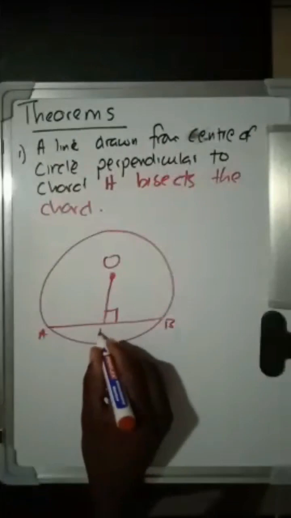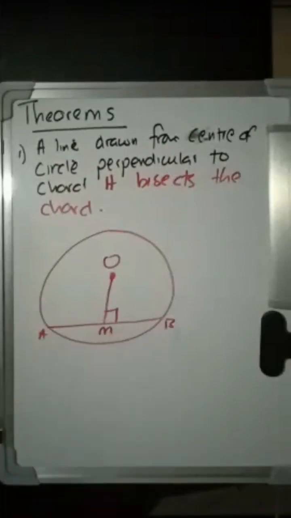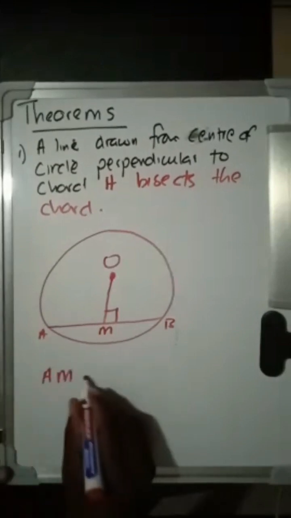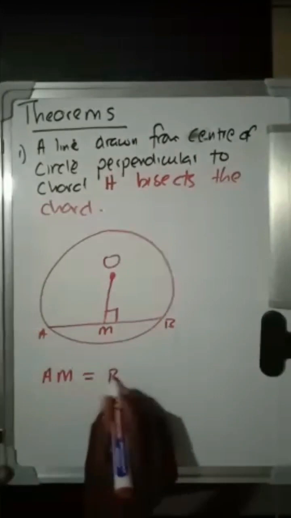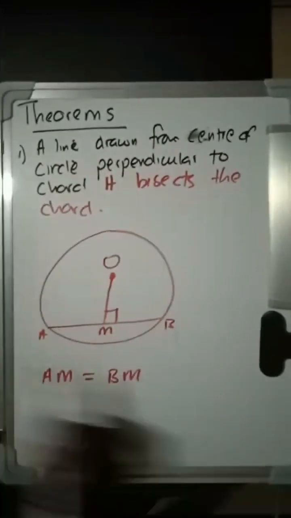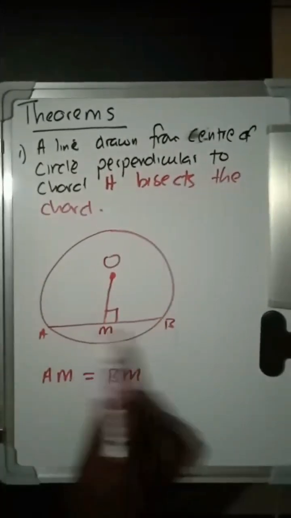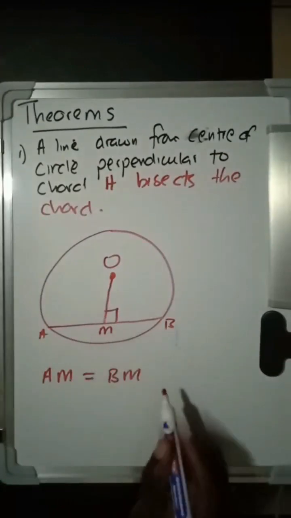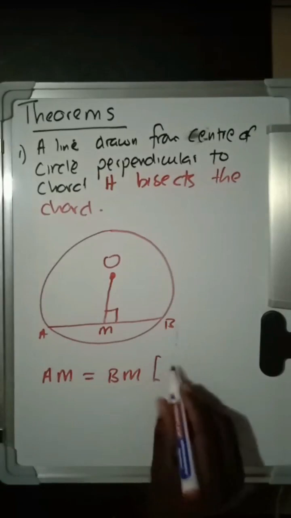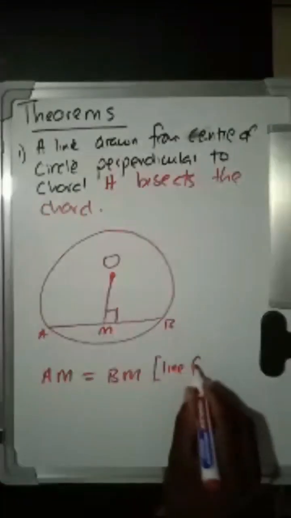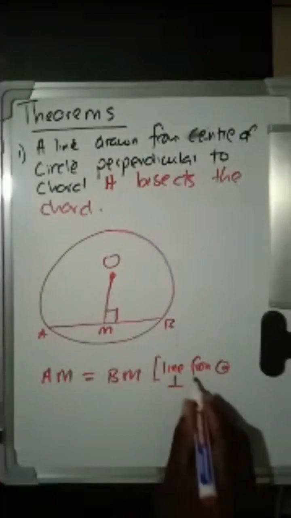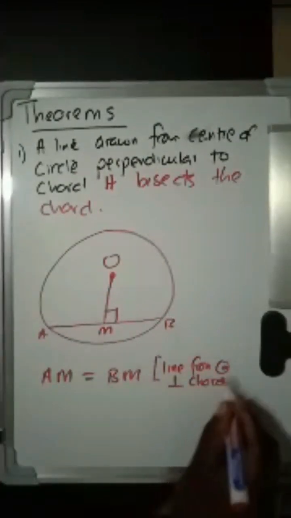So if this one is M, it tells us that AM is equal to BM, because to bisect is to divide into two equal parts. So what is the reason here? The reason will be line from center perpendicular to chord.